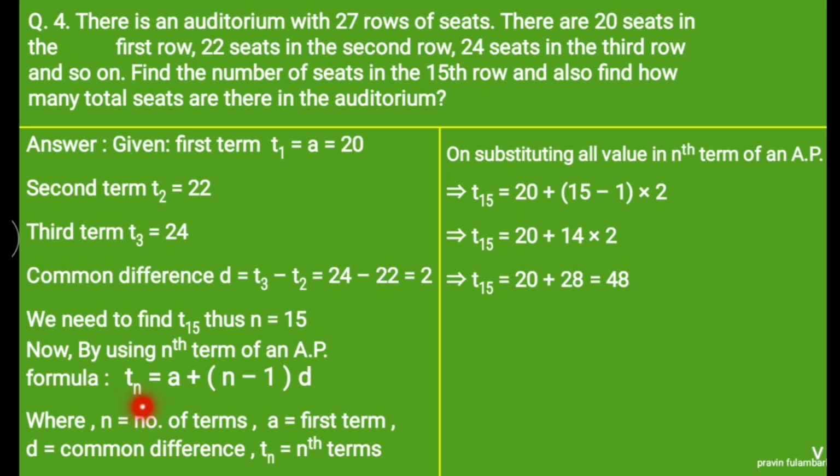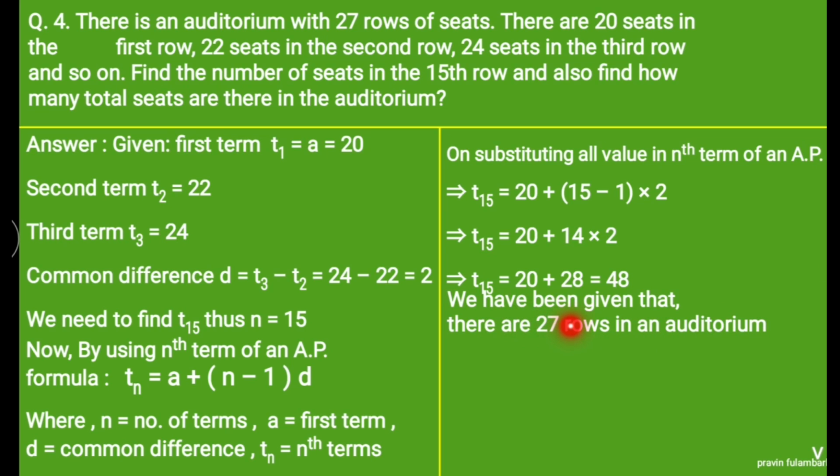So here n equals 15, so we write T15. A equals 20, and this n is again 15, and common difference is 2. So we write 15 minus 1 as 14. So 14 into 2 we get 28. So T15 equals 20 plus 28, which is 48.